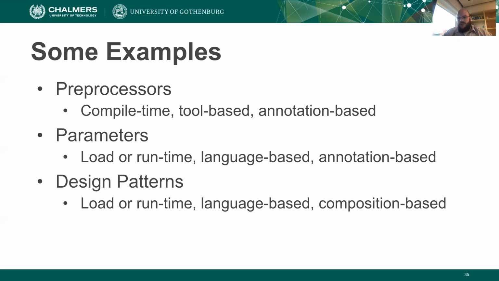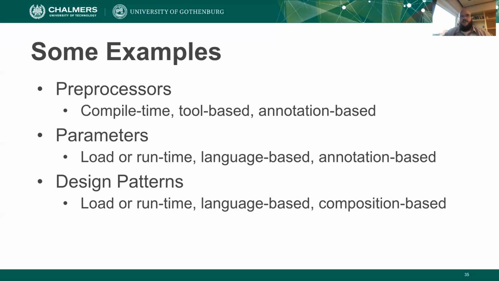We leave notes within the code about what we want to include or what we want to ignore. Parameters are a load or runtime-based approach. That's just within the code itself. We have marked in here the points where we're going to swap between different options, right? We pass a set of parameters either to the program when we run it through the command line, or through a method call or through an API call.